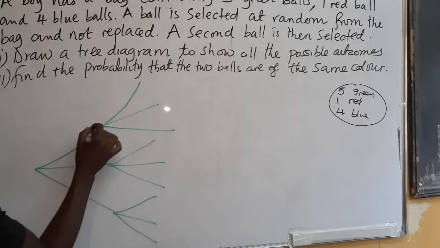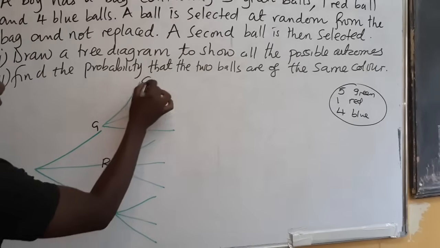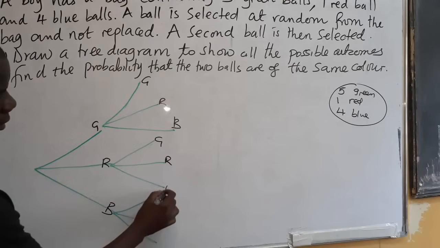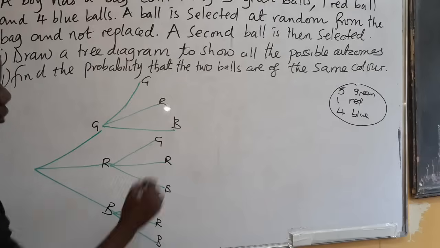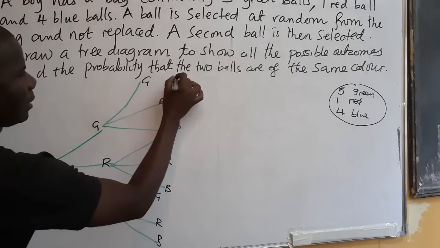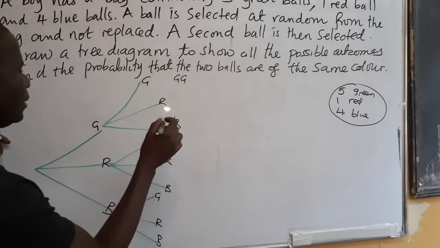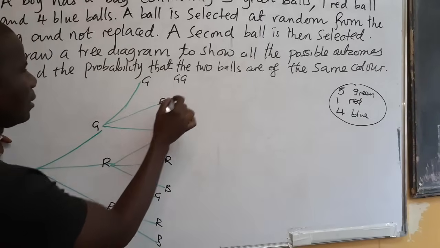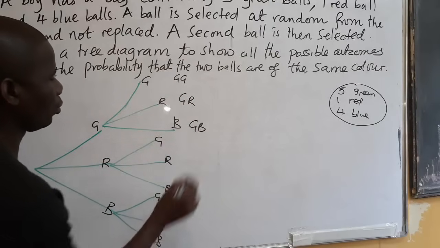Okay. So now what colors are we dealing with? Green, red, blue. So this is the first one: green, green. The first one is green, and the second one is green, red, green, blue.